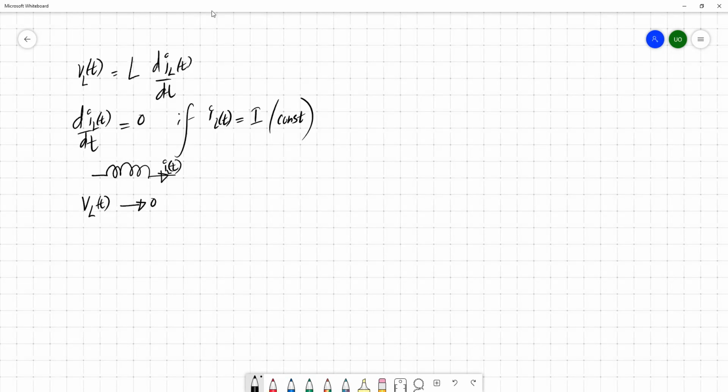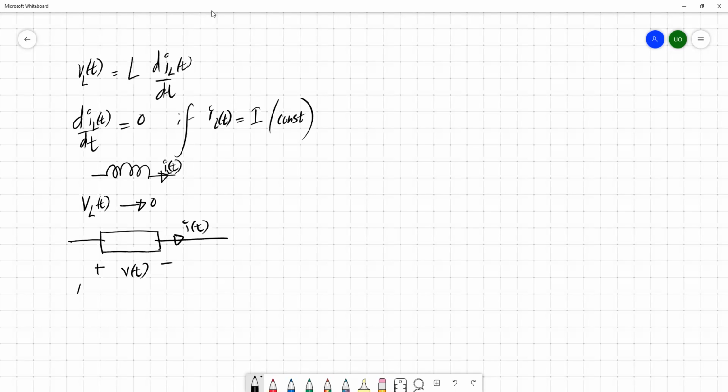what does voltage zero mean? Let's assume there's an unknown element here. This is v(t) and this is i(t). The voltage drop across this unknown element is v(t) and the current flowing through the device is i(t).